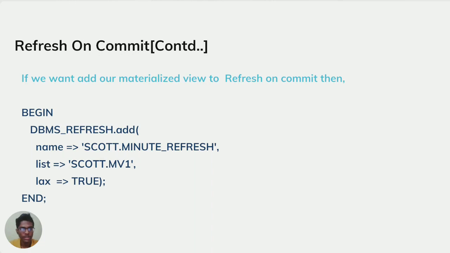Here I gave scott.mv1; mv1 is our materialized view name, and by default the flag is false. I gave it as true. Then we end this statement, and when we run this full statement, it will refresh every minute. It helps when data is continuously coming into the data warehouse and the data changes, so we use refresh on commit.